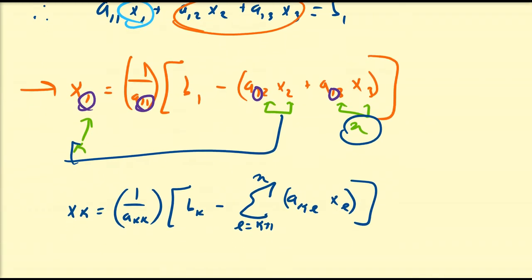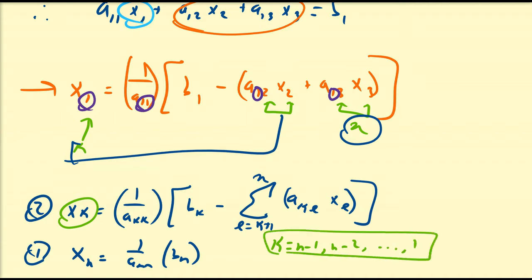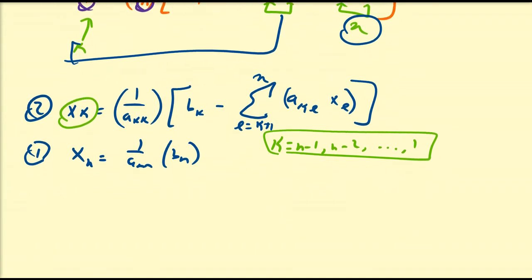Right? So that's the general strategy. And of course, that's step 2 because you need to start this process off. The first step, of course, is going to be xn is equal to 1 over ann times bn. And in this loop, k is going to start at n minus 1, then go to n minus 2, and finish off at 1, in a backwards fashion.